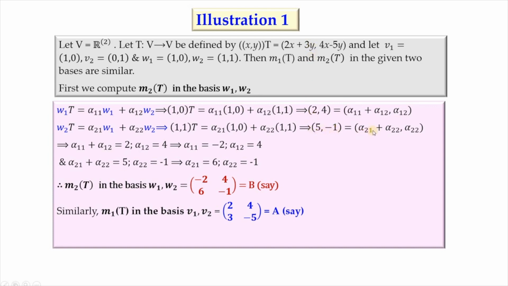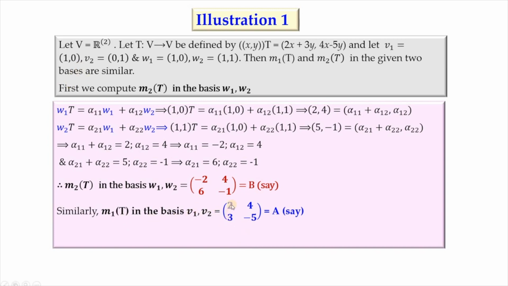That is written as alpha 2 1 W1 plus alpha 2 2 W2. Again equating the first components and similarly the second components, we have two equations. Solving them, we get the other two entries in the second row. So we have alpha 1 1 and alpha 1 2 to be minus 2, 4, and alpha 2 1 and alpha 2 2 to be 6 and minus 1.